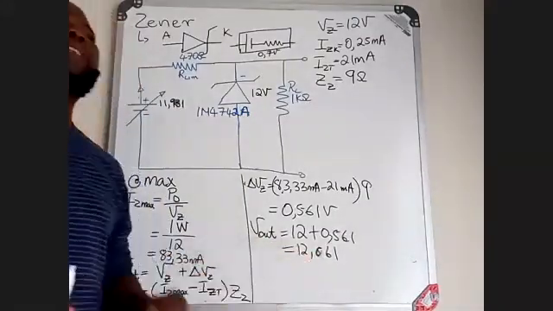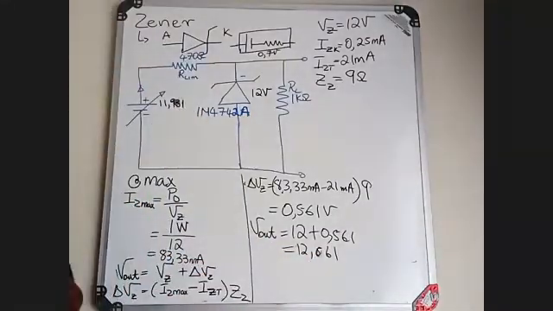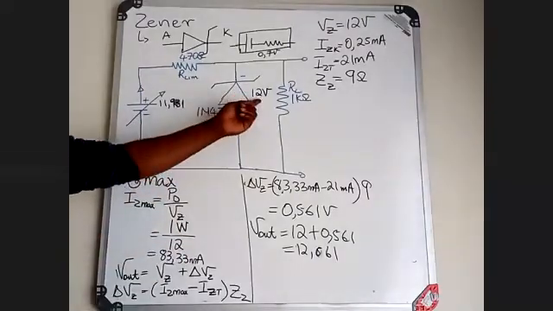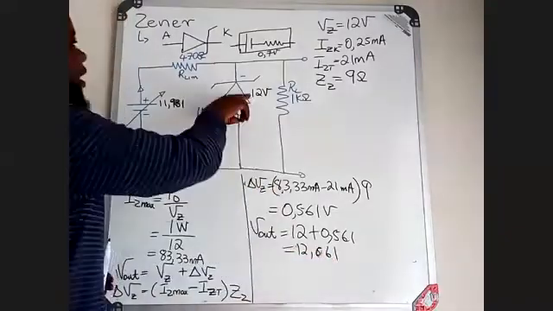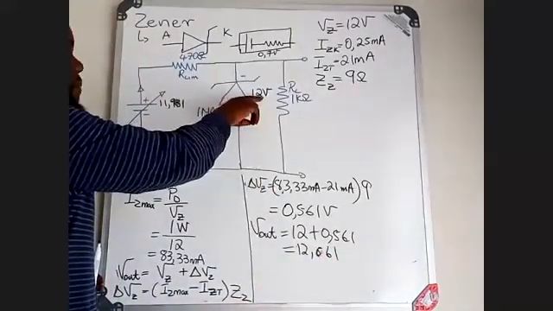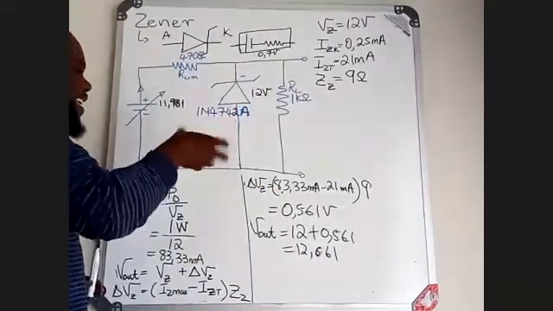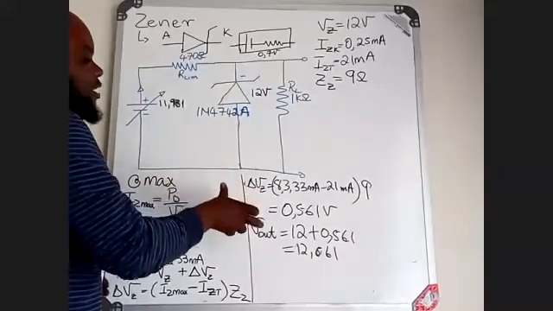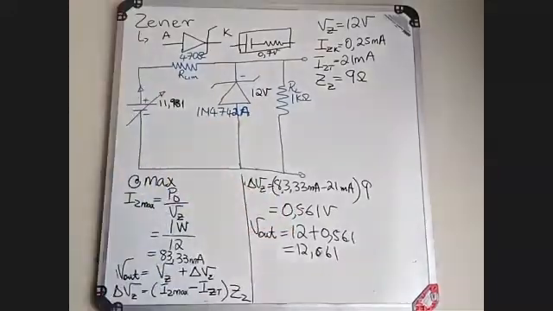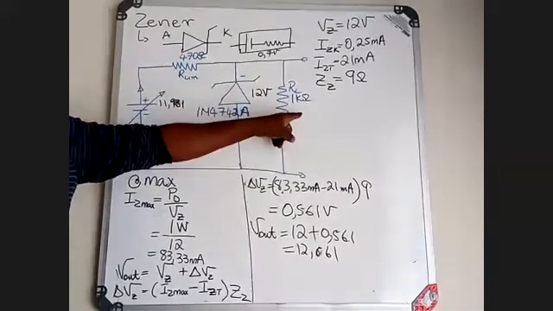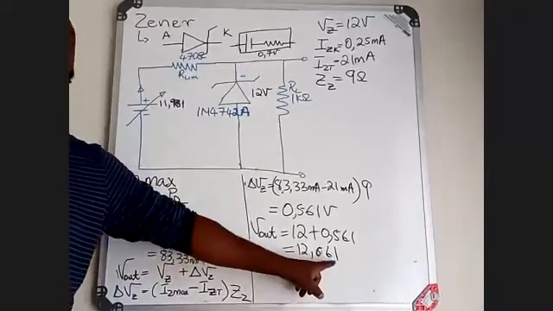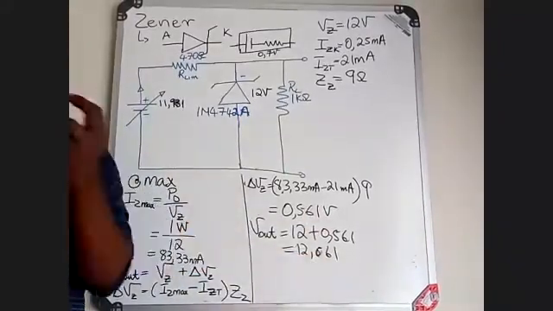This becomes the maximum voltage that can exist within the Zener diode. You will see that it is 12.561, and the other one is 12, which means the variance is 0.561. Now, that 12 volts that I'm looking for, I can still use it at 12.561, because that is the regulated voltage that I'm looking for.